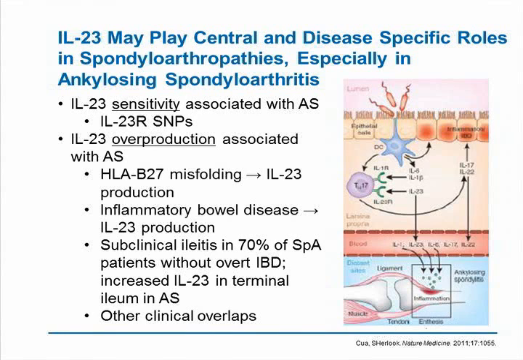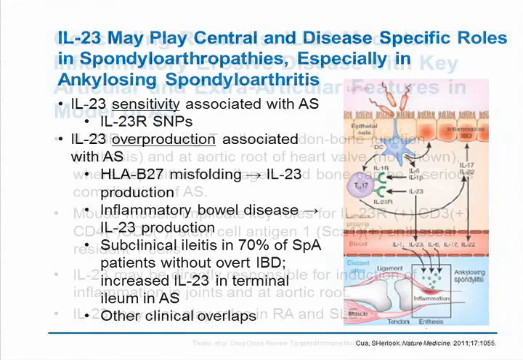And you can see that even local production in the bowel may result in higher blood levels of a number of factors, including IL-1, IL-23, IL-6, IL-17, and IL-22, and all of this results in inflammation, particularly at this very specific site associated with the disease.